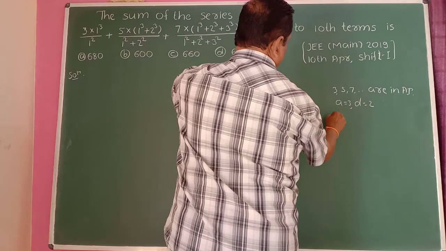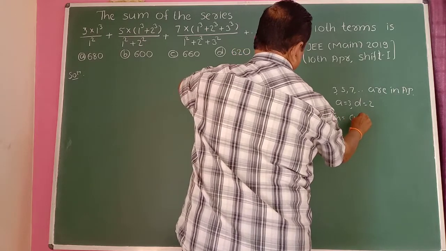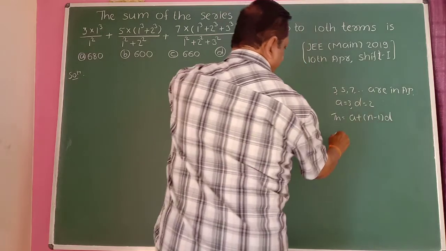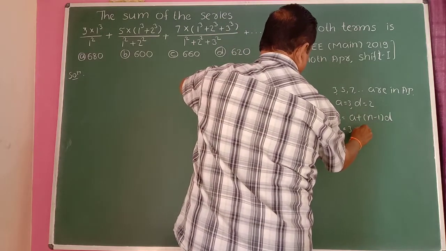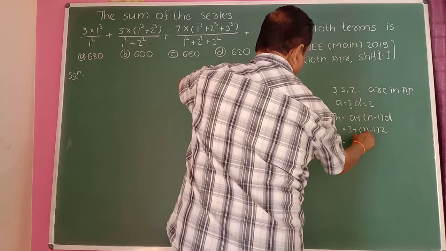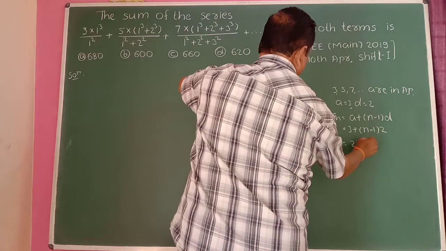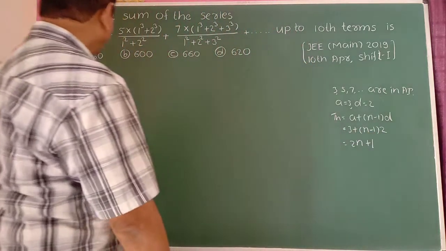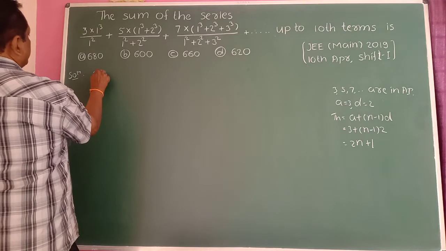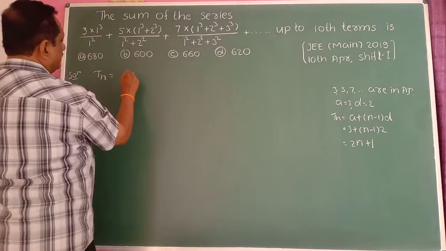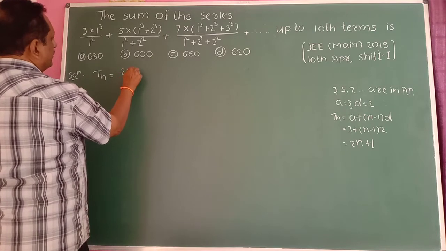Therefore, Tn is a plus n minus 1 into d. This is the formula. Then a value is 3 plus n minus 1 into d value is 2. Therefore, n into 2 becomes 2n, 2 ones are 2, 3 minus 2 becomes 1. So 2n plus 1. Therefore, Tn for 3, 5, 7 and so on is 2n plus 1.